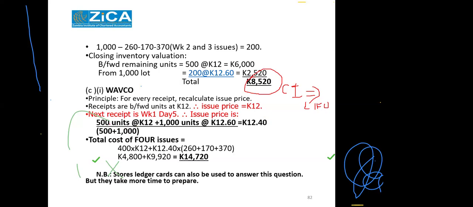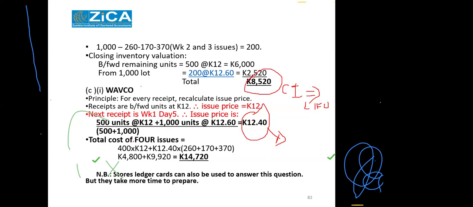So 500 times 12 plus 1,000 times 12.6 divided by 1,500 gives us a weighted average price of 12.4. Since there is no other receipt, this is what you're going to use to value all those issues they did. The 260, the 170, the 370 will be valued at 12.4.